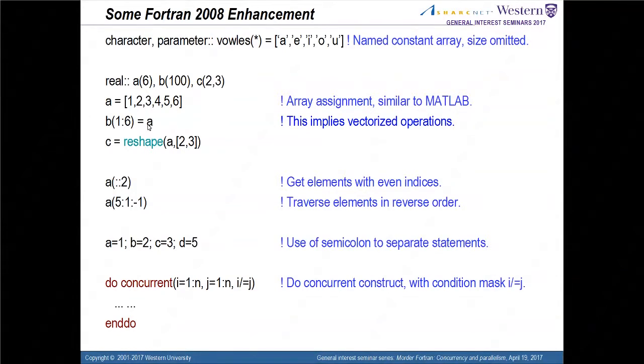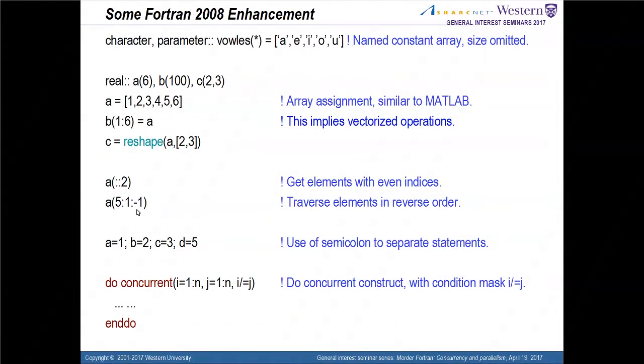So I'm assigning the 6-element array A to the first 6 elements of B. And the third statement here, given a vector A, we can reshape it into a 2x3 array C by calling the intrinsic function reshape, which is quite handy.